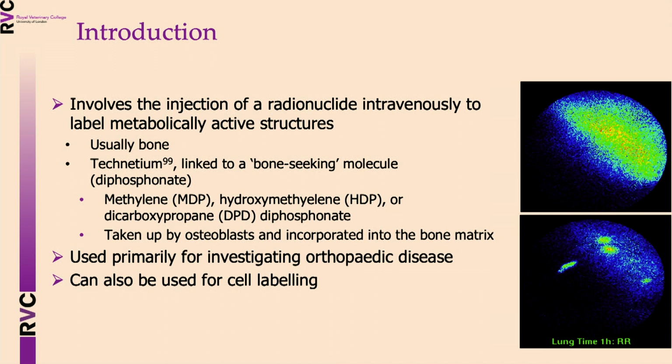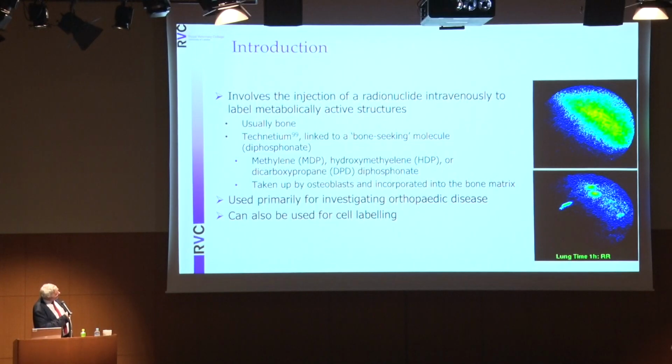But the radionuclide can be linked to cells to either identify white blood cell accumulations or cells such as stem cells injected into the bloodstream.